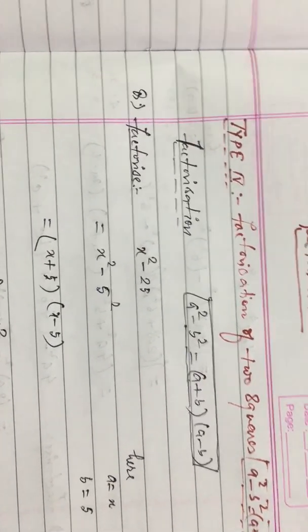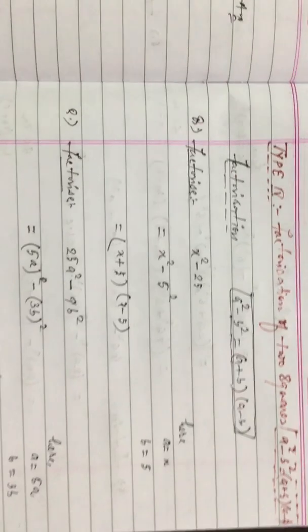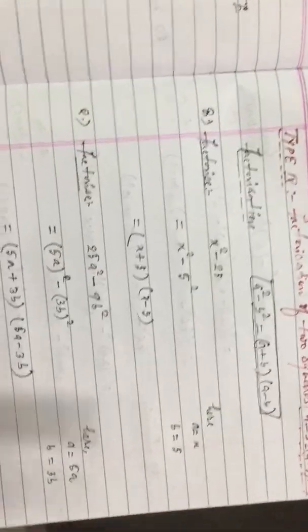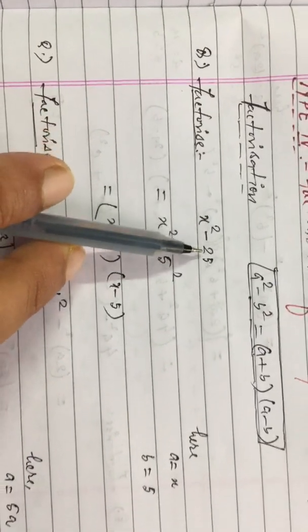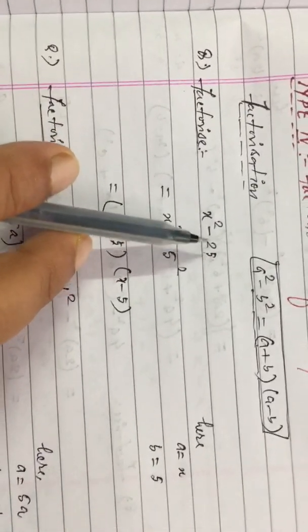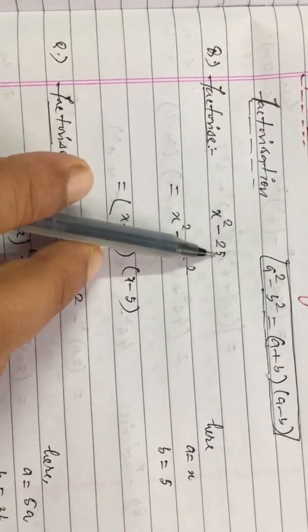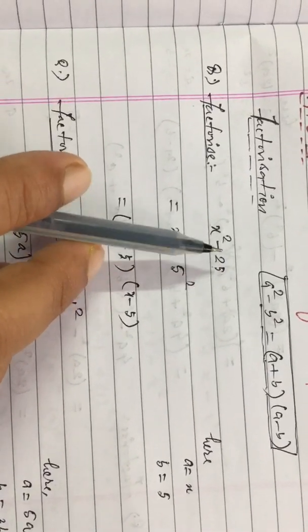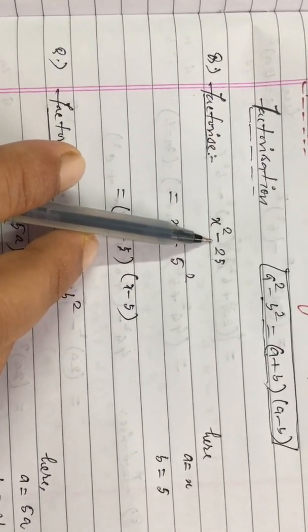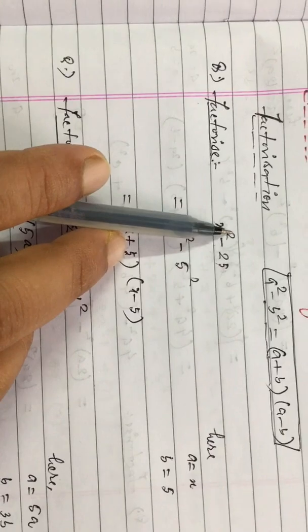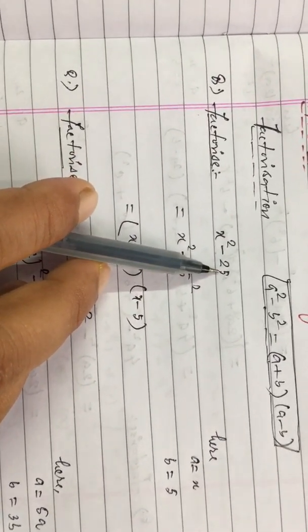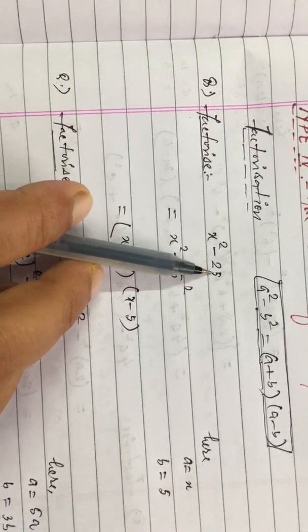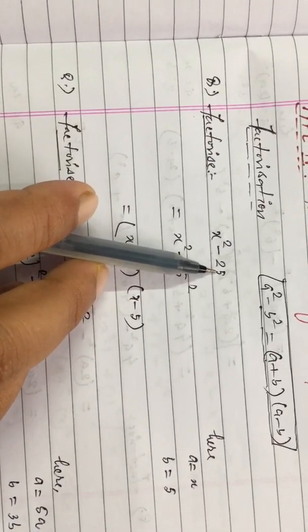Now you can see on the screen, question number 1. Factorize x square minus 25. In this type of question, always two terms are there, a minus sign should be in between, and squares should be there. If some constant is there, it should be a perfect square. Sometimes a number is not a perfect square.